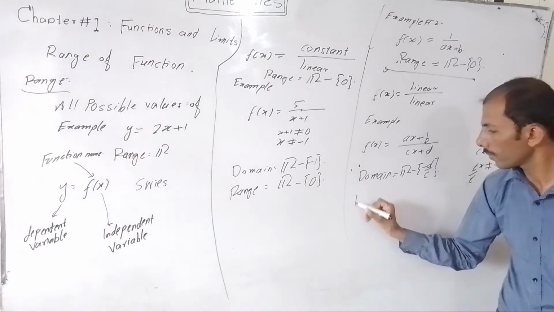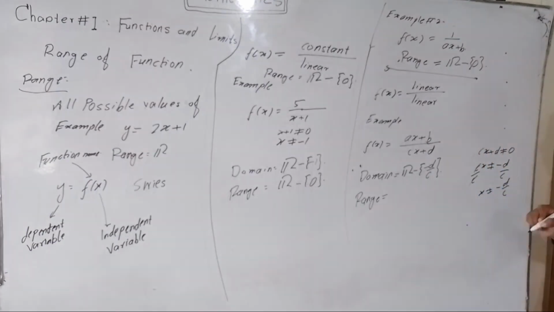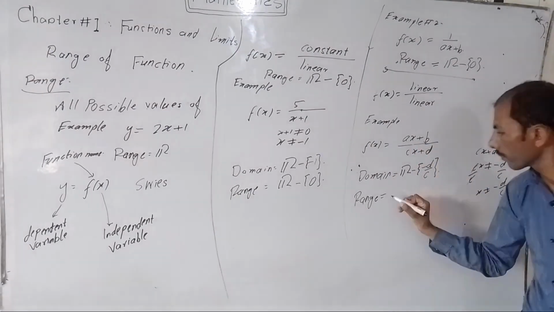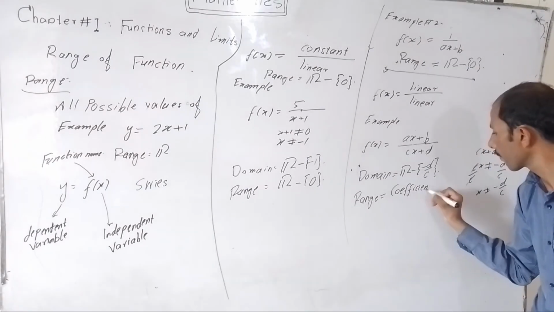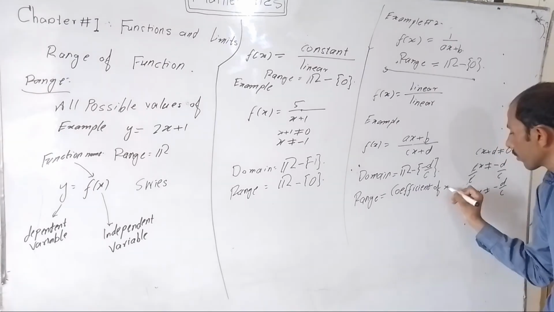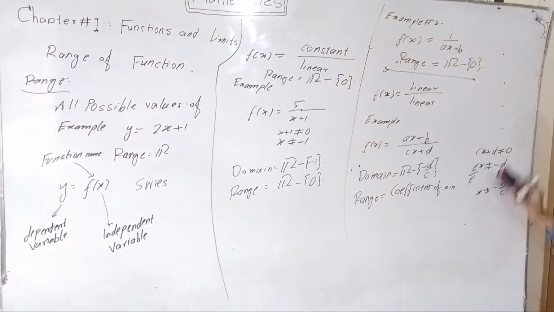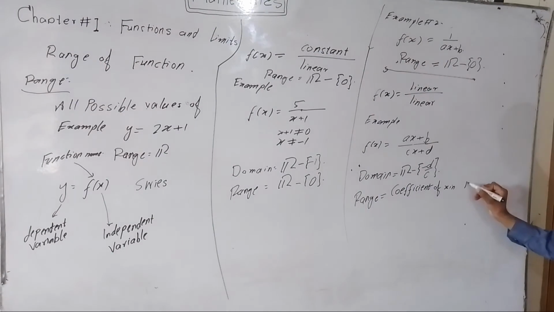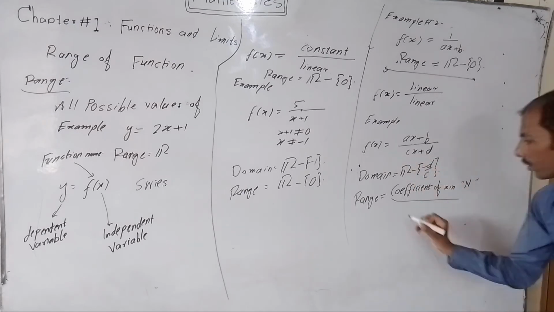Range is equal to the coefficient of x in numerator divided by the coefficient of x in denominator.